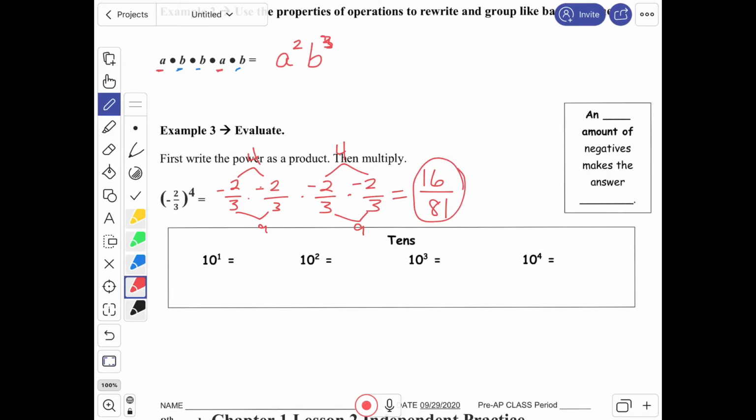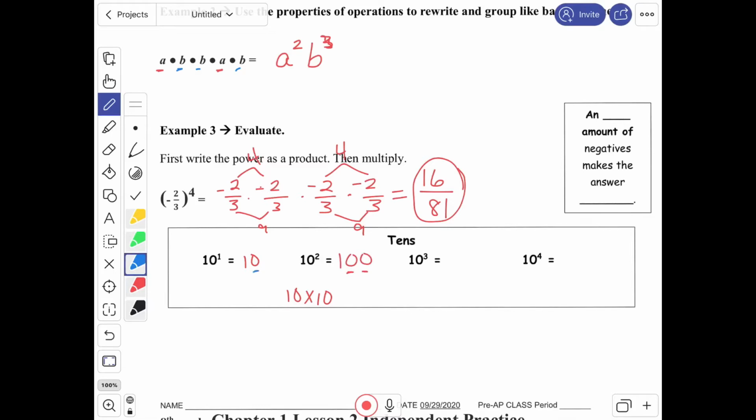Tens are special, though. They're a little bit easier. 10 to the 1st power would be just 10, because it would be a base of 10, and it only happened once. 10 to the 2nd power would be 10 times 10, which would be 100. Notice that the exponent is 2, and we get 2 zeros.